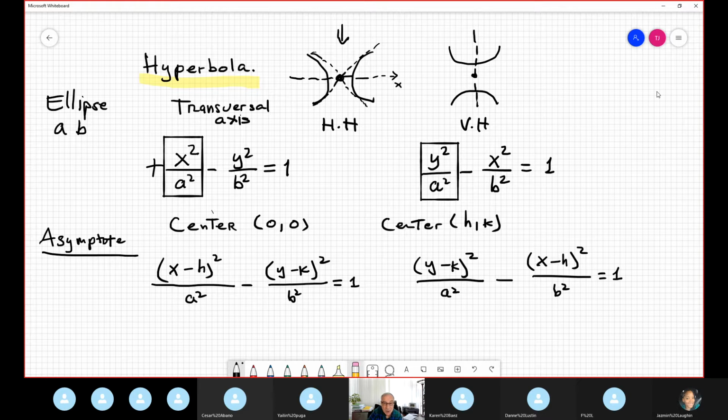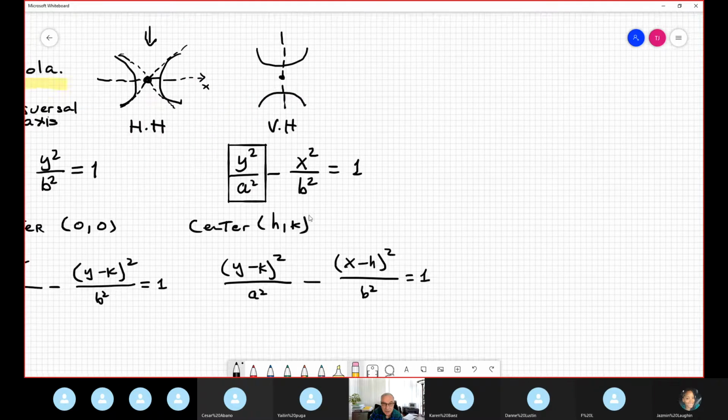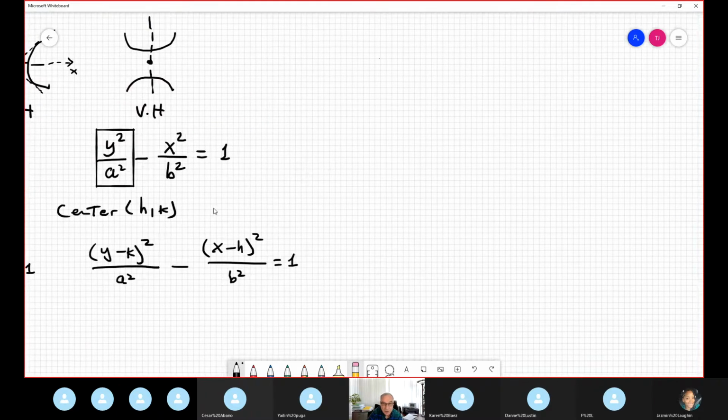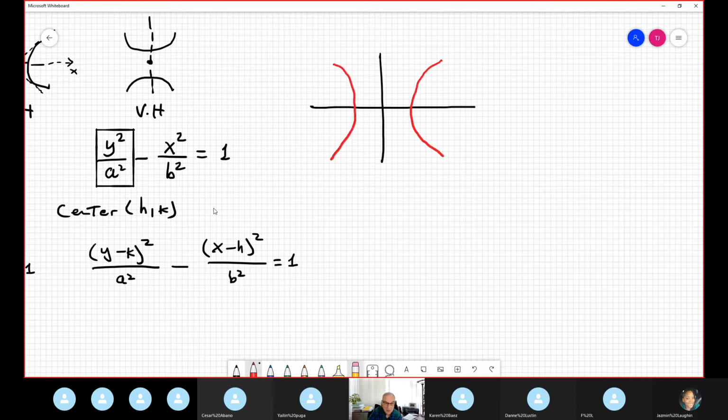And for the slope of this line, let me try to do another, more elegant sketch. Suppose here this is my hyperbola, suppose horizontal. It doesn't matter, it's the same. However, we have here the asymptote passing through the center.